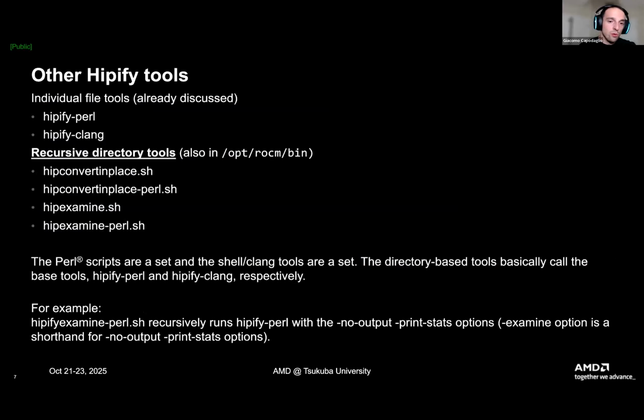Other tools are the recursive directory tools that you can find in the bin. But I should also say that we have found that LLMs are actually very good at porting code to HIP.